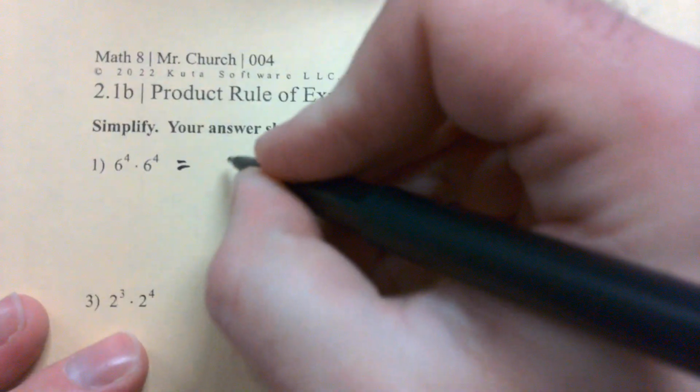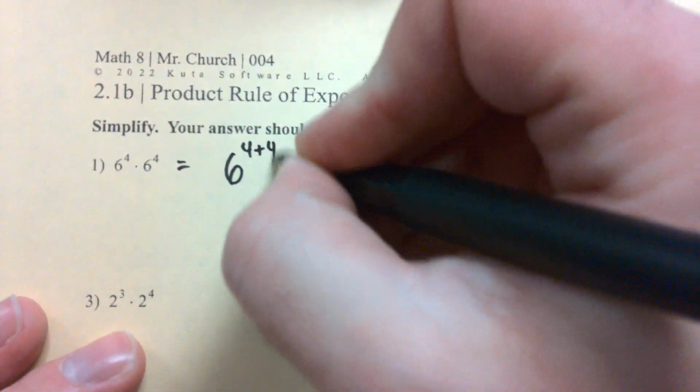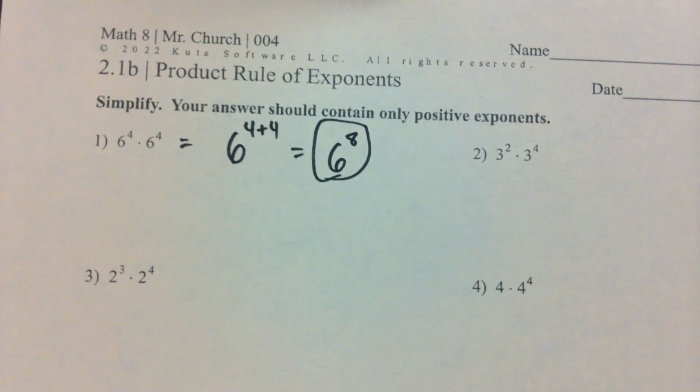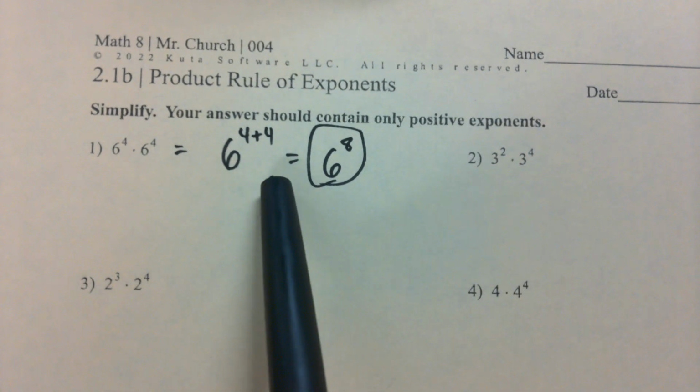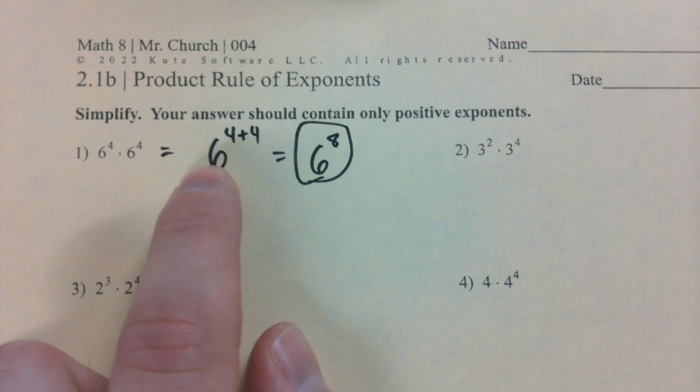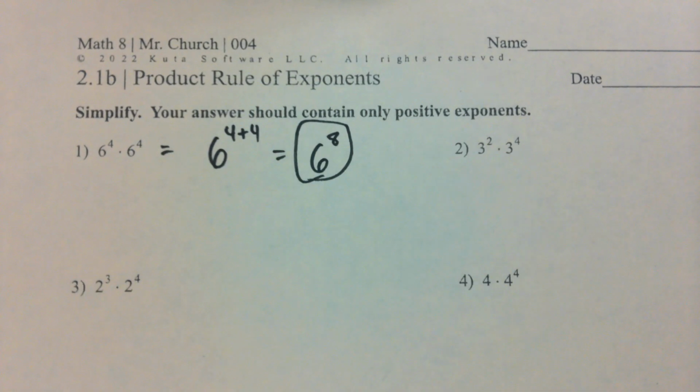This is going to be equal to 6 to the 4 plus 4, which is 6 to the 8th. That's what I want to see. Don't add them together in your head and just write the answer. I need to see this step here because tomorrow we're going to be doing something really similar that's just slightly different, and I don't want you to get confused. So get in the habit of writing out the step, just one quick step, and getting your answer.